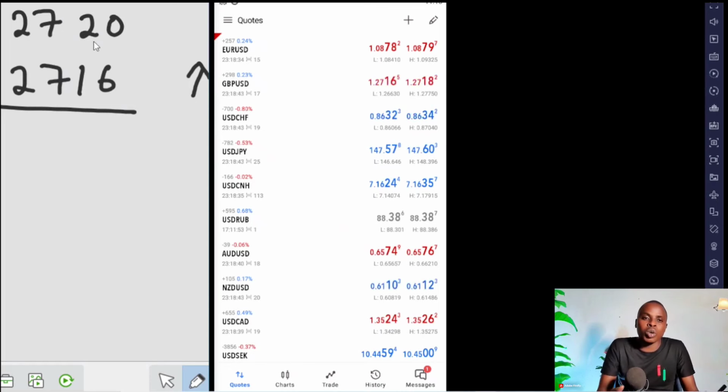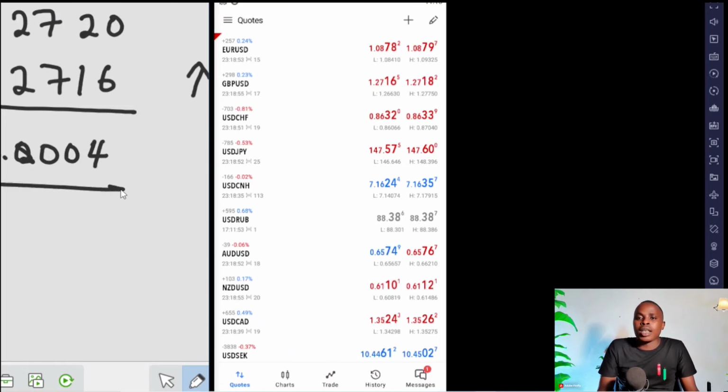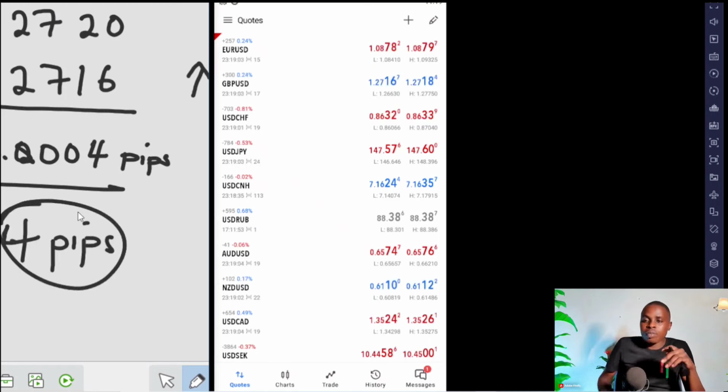So what we do simply is subtract these numbers, and we get 0.0004, which means this market has moved 4 pips. So that's 4 pips right here. And these 4 pips are how you can calculate your profits and losses.